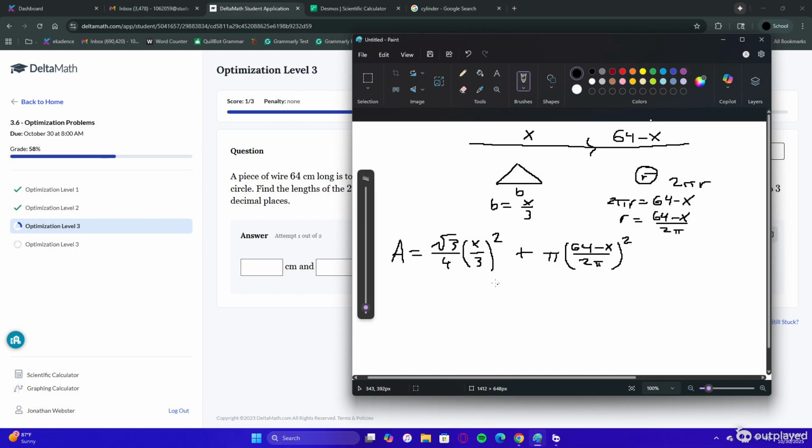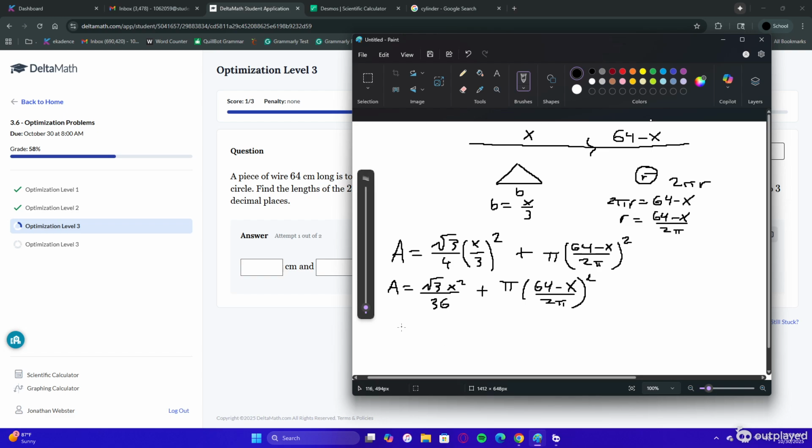So now, just simplifying that out, you'd get A equals root 3 times x squared over 9 times 4, which is 36, plus this, pi times 64 minus x over 2 pi squared.